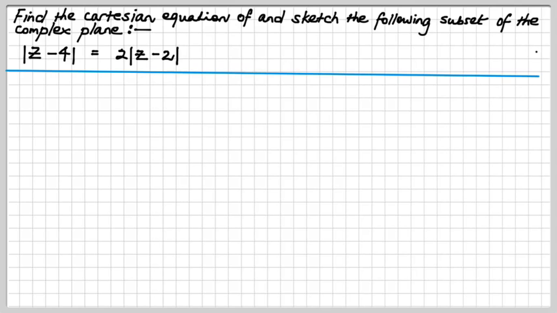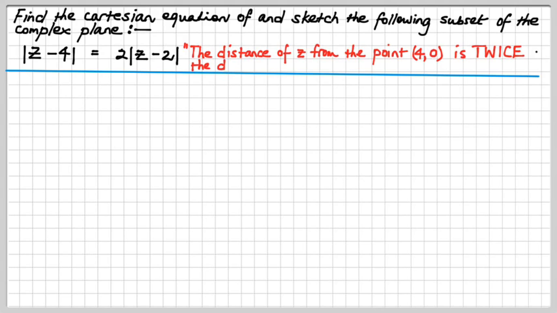Now, just continuing on with this, we're going to do the geometric way in a minute. That's saying the distance of z from the point where x is 4 is twice the distance from where x equals 2. I need to emphasize that because that's important.